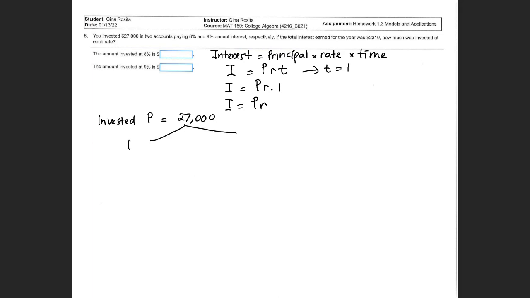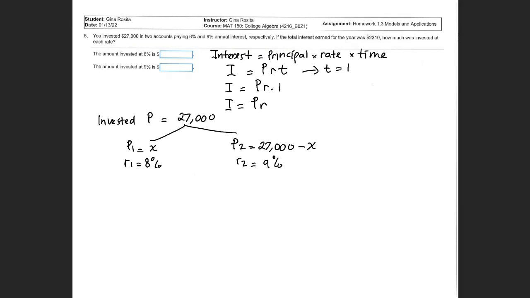I just put P1 and P2. If P1 equal x, then P2 equal 27,000 minus x. Since there are two accounts, for R1 and R2 you can put 8% or 9%, it's up to you. I just put R1 equal 8%, R2 equal 9%.